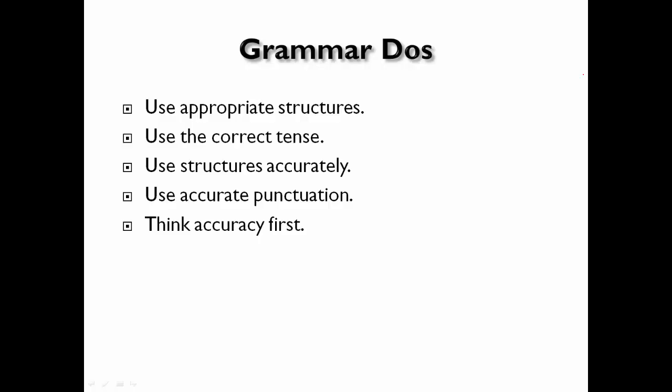Always think accuracy first. Writing completely accurate sentences. The rule is that the more accurate sentences you have, so the more sentences that have no grammar errors whatsoever, the higher your score. If more than 50% of your sentences have even small grammar mistakes, you can't get above a band 6 for grammar. So the more sentences you have with no mistakes, the better.